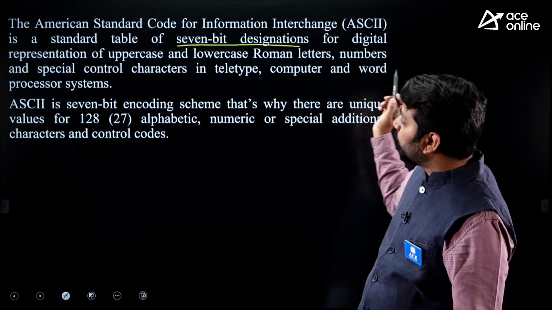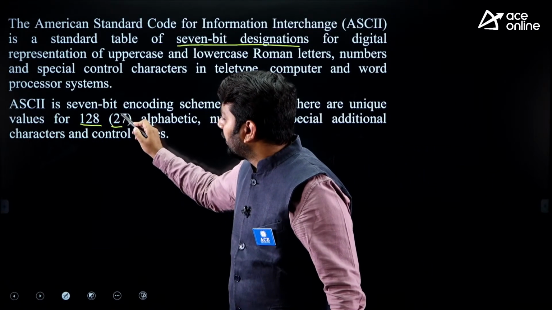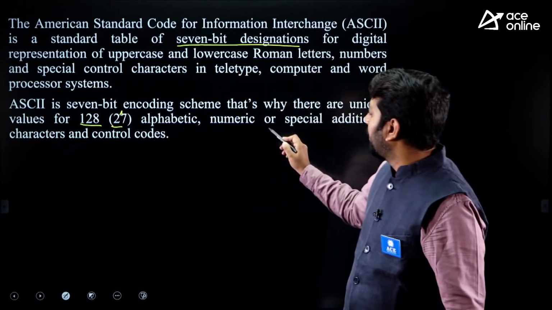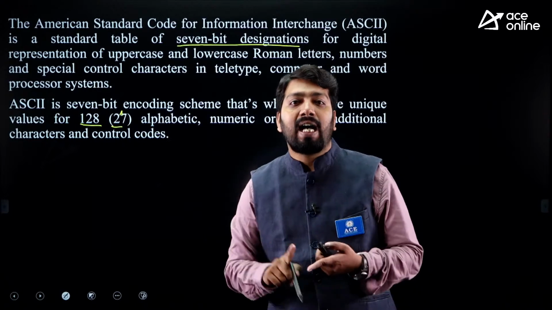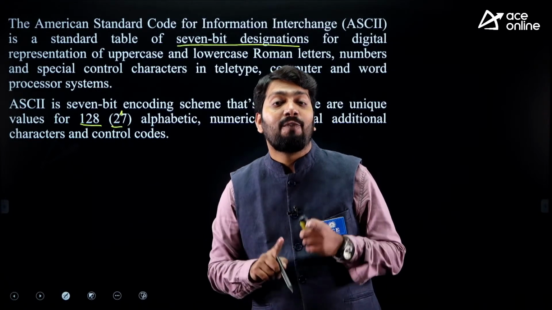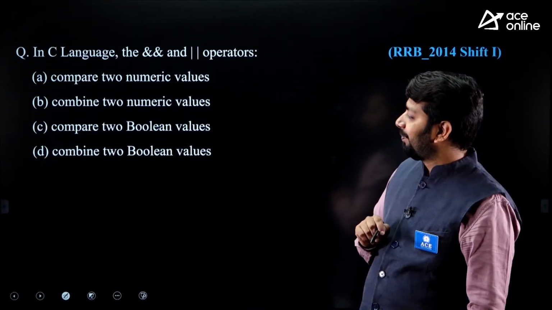That's why there are 128, or 2 power 7, unique alphabets, numbers, special symbols and control codes used as characters. What is the size of the character set? 2 power 7.